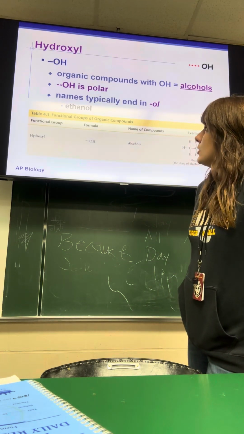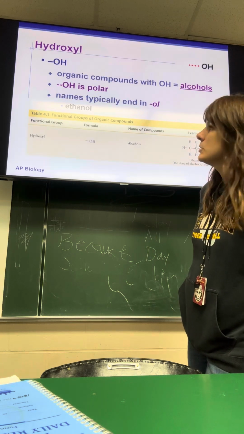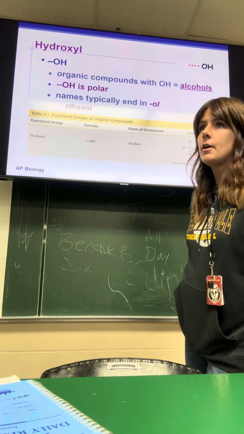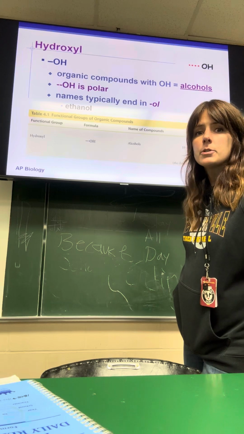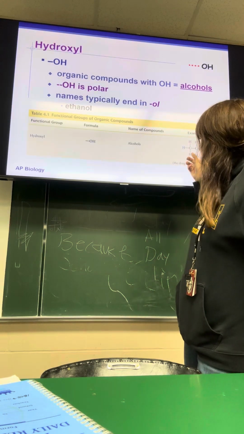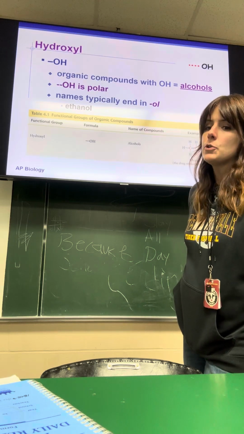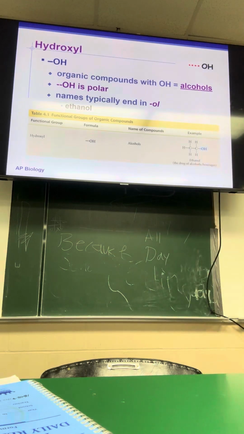Names are going to end in -ol, and we're looking at alcohols, like methanol, ethanol, and isopropyl alcohol. All those are examples of compounds that have a hydroxyl group attached.